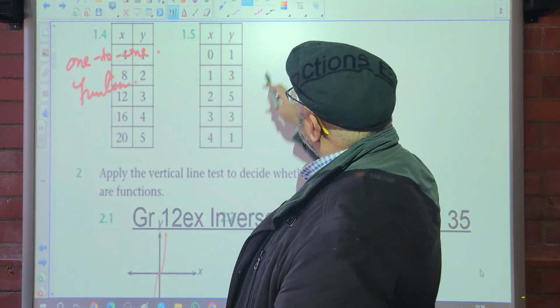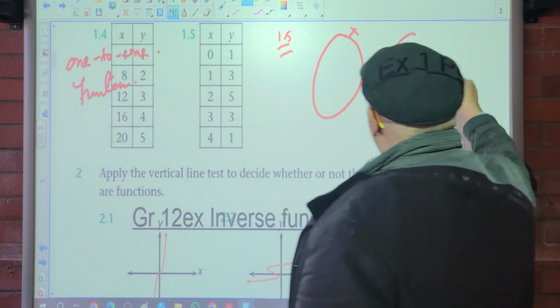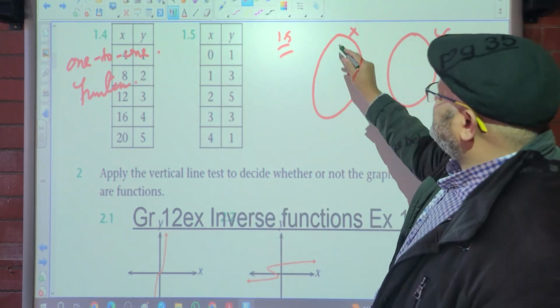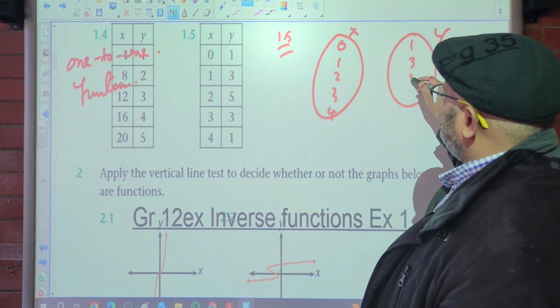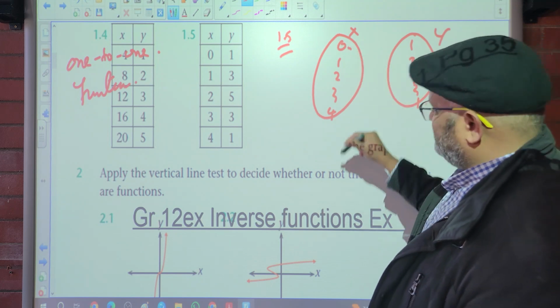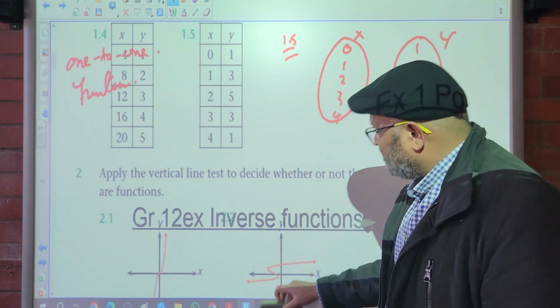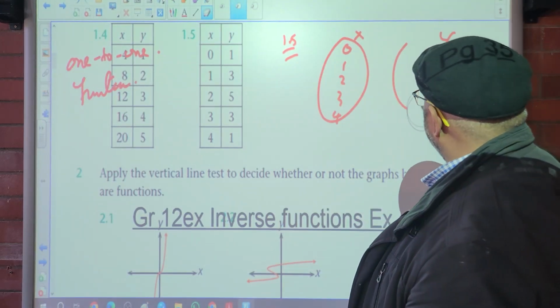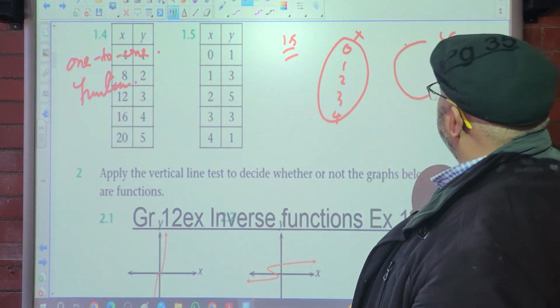In 1.5, of course, let's check that one out. Again, it's your x and your y. That's 0, 1, 2, 3, 4 and 1, 3, 5, 3, 1. I actually tend not to write the repeated numbers, okay? It's easy to see.